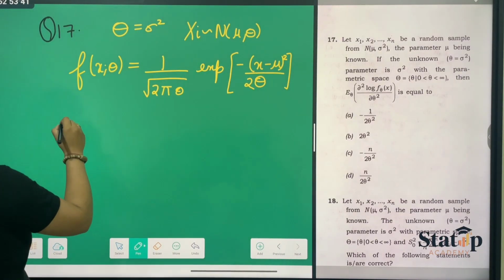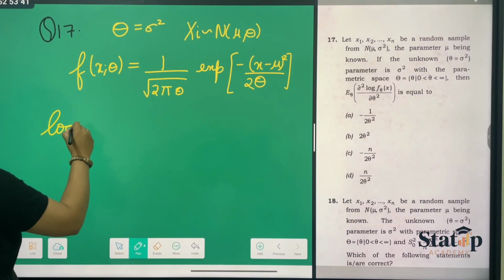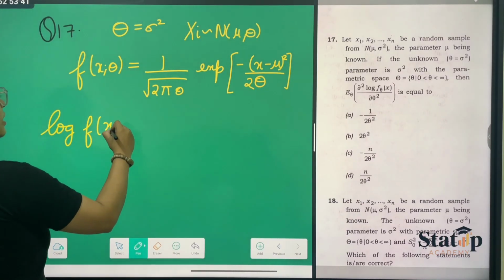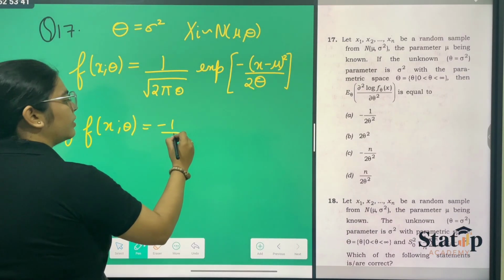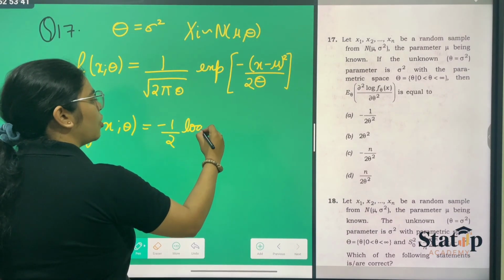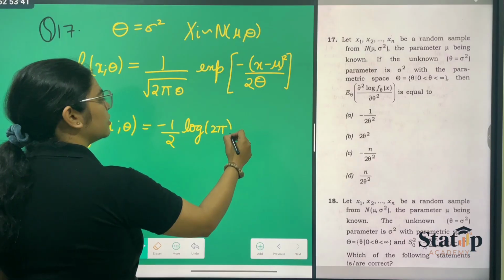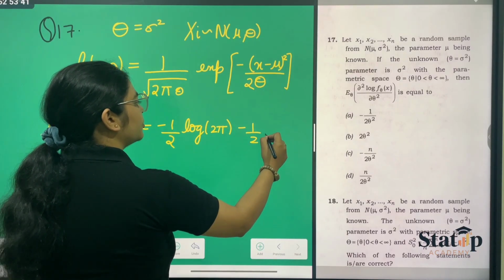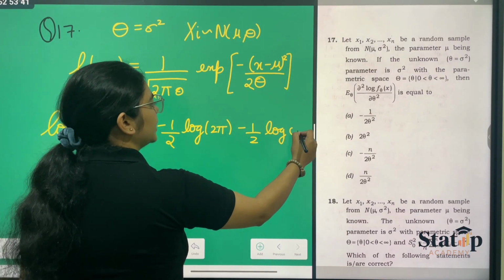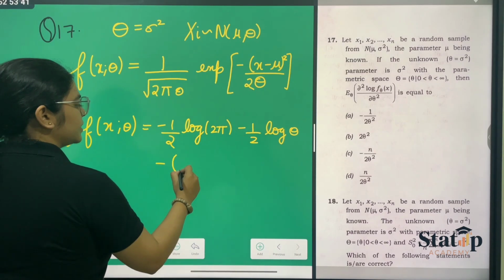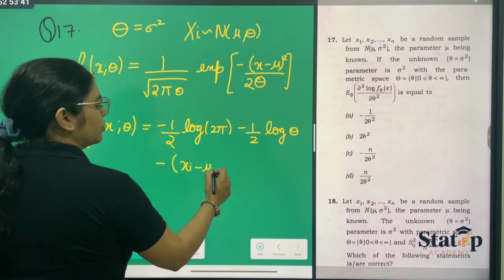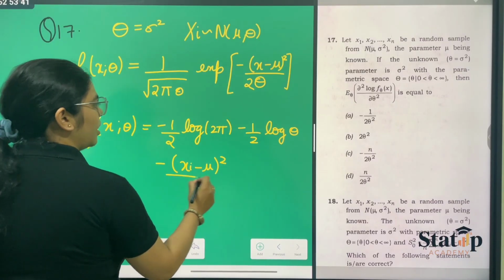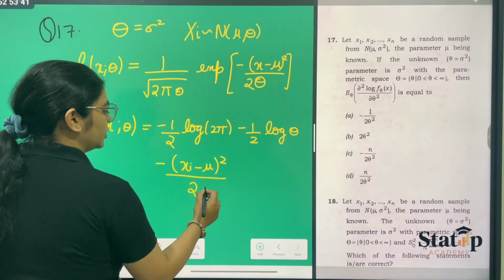This is the PDF of our normal distribution. Now, in solving this, let us take the log of f(x, theta). While taking the log, it will be minus 1 upon 2 log of 2 pi, minus 1 upon 2 log of theta, minus (x minus mu) square upon 2 theta.